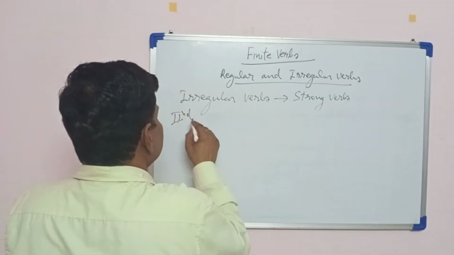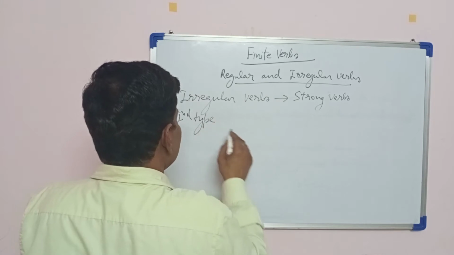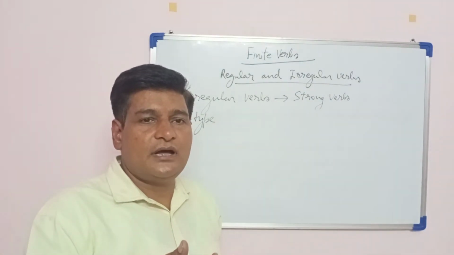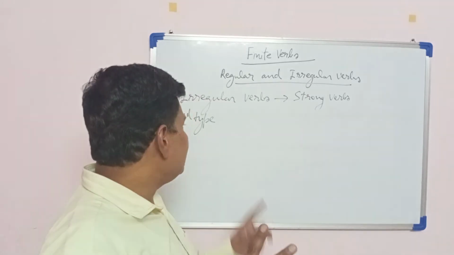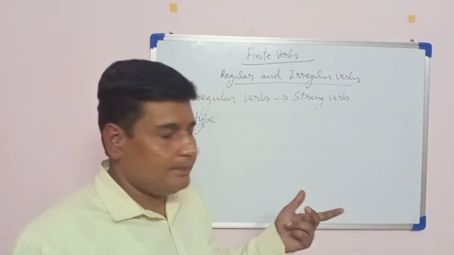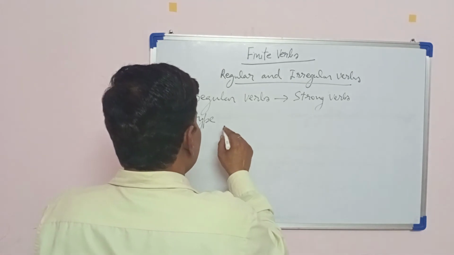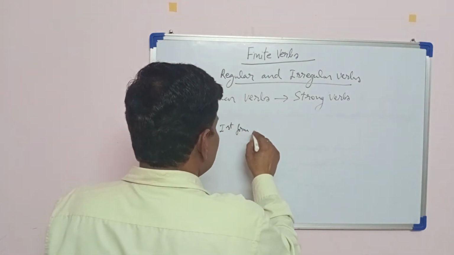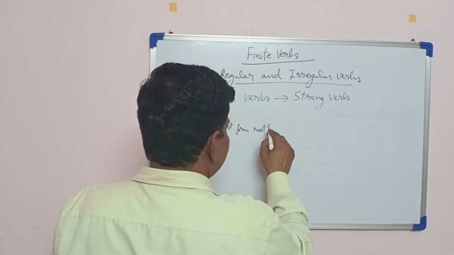Second type. In the second type, you will see that two of the three forms are the same. This is the first form, or the root form.